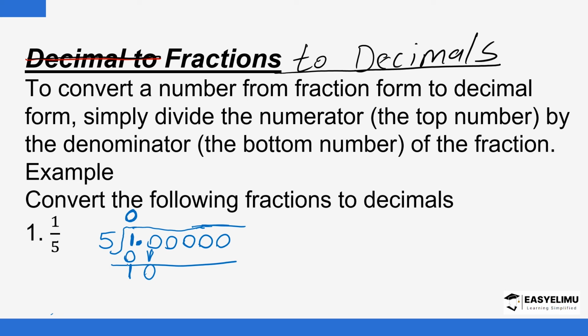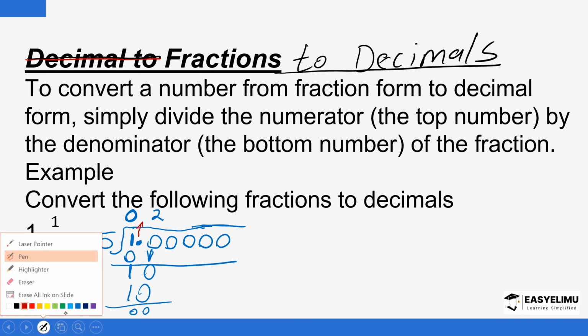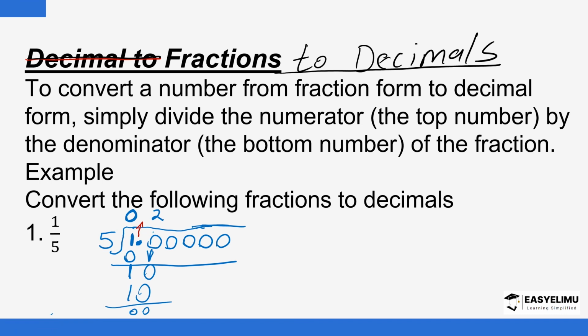Now 10 divided by 5, the answer will be 2. Write it on top of the next 0. So 2 times 5 is again 10. And of course, now if you subtract, the answer is 0. So we are done. Now this decimal point jumps up here. See, the decimal point jumps up.